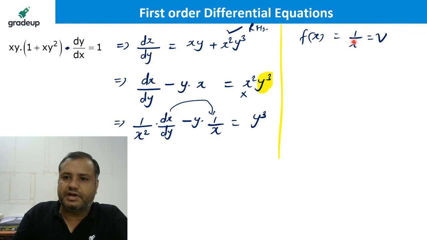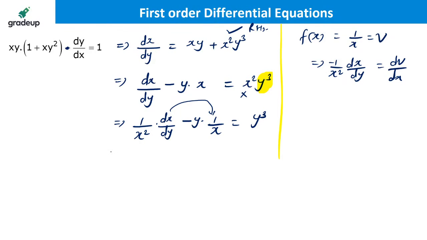Put this equal to v. Differentiate with respect to y. So minus 1 by x square dx by dy equal to dv by dy. So 1 upon x square dx by dy will be minus dv by dy. And 1 by x is v equal to y cube. Multiply by minus sign throughout the equation.